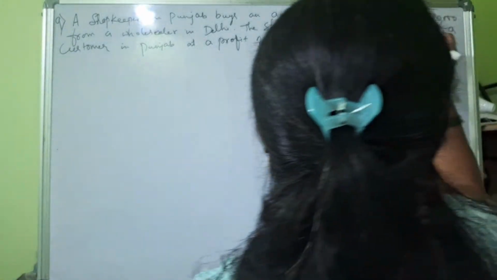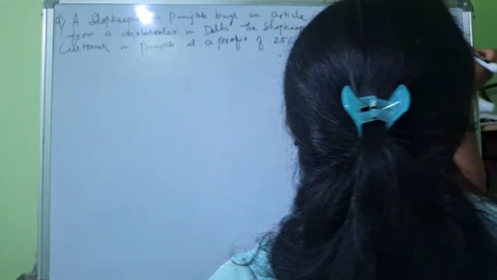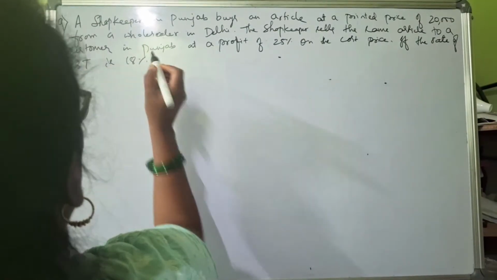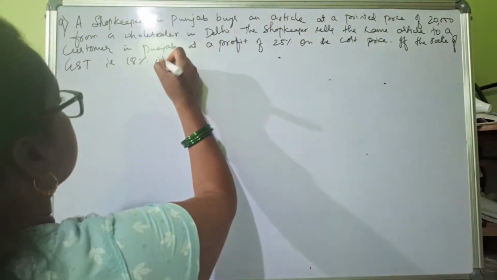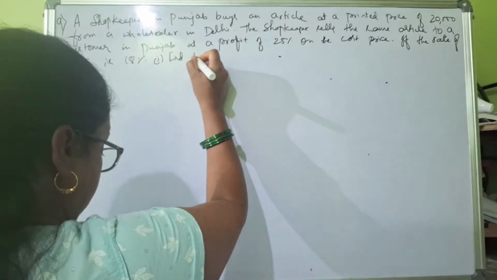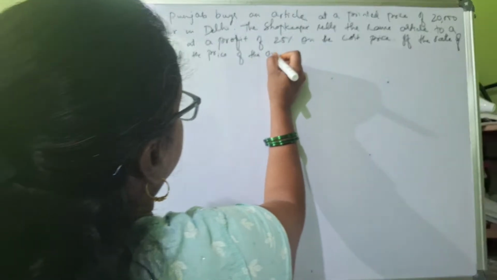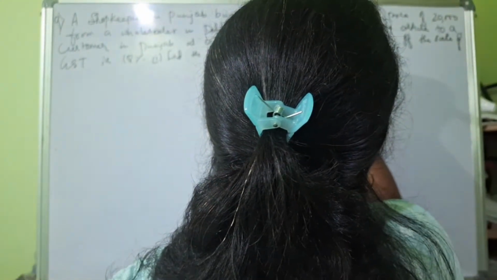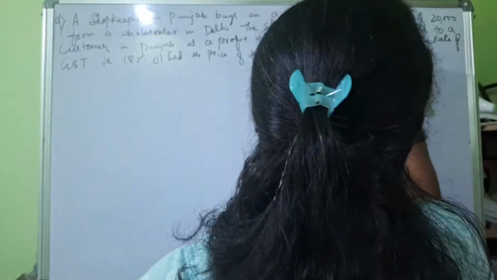If the rate of GST is 18%, find the price of the article inclusive of GST for the shopkeeper.